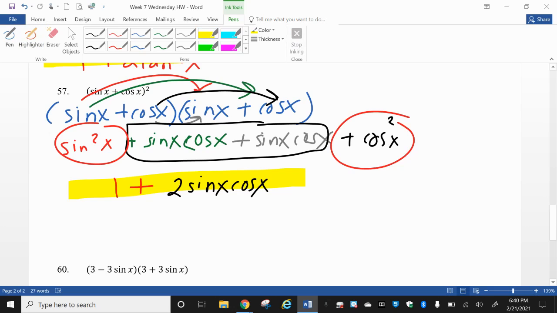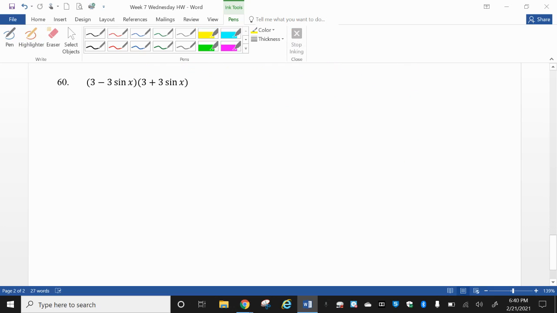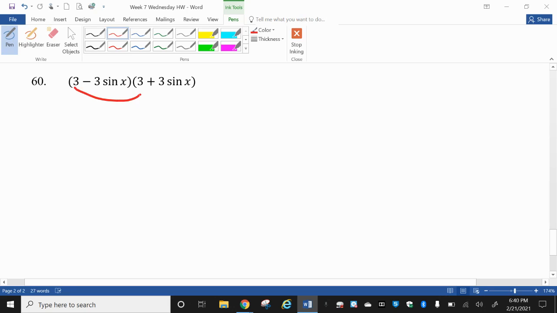All right, let's check out the last problem, number 60. We have the quantity 3 minus 3 sine of x times the quantity 3 plus 3 sine of x. So we'll FOIL it. First terms, 3 and 3 will give us 9.